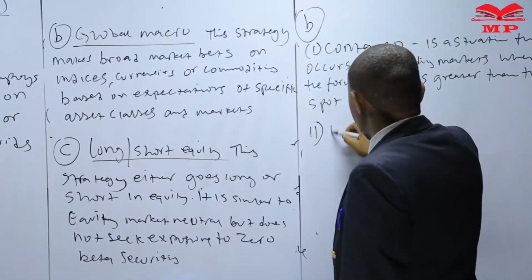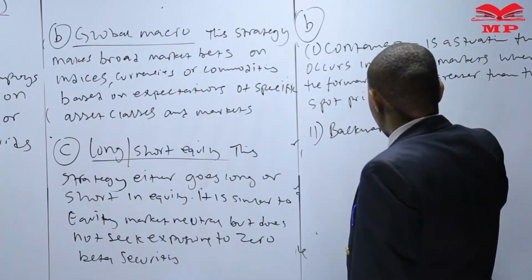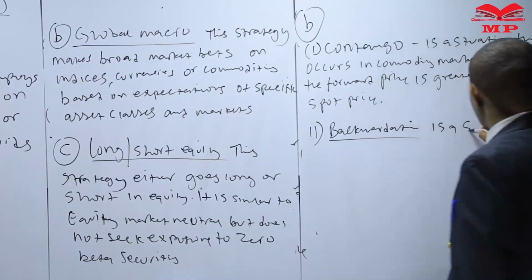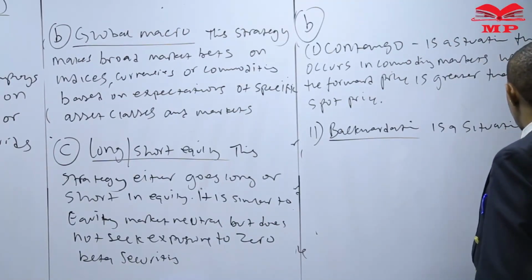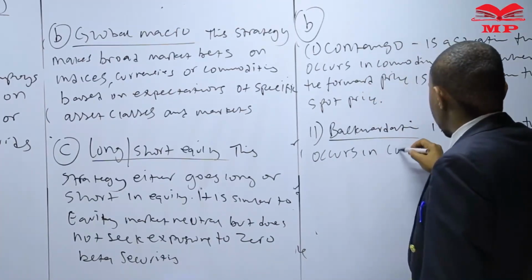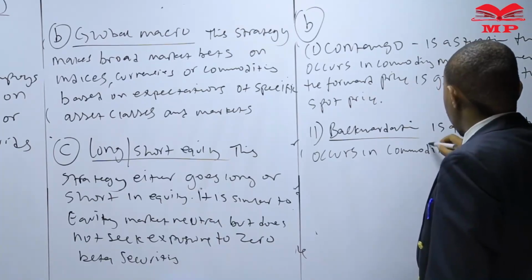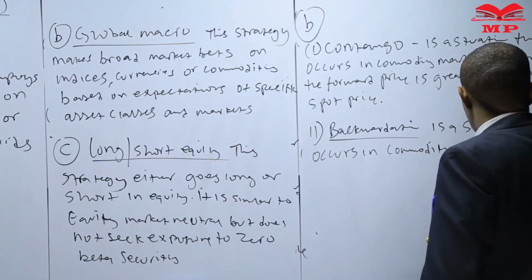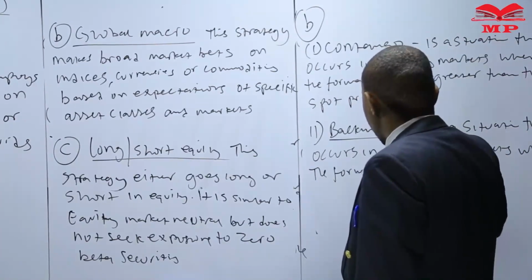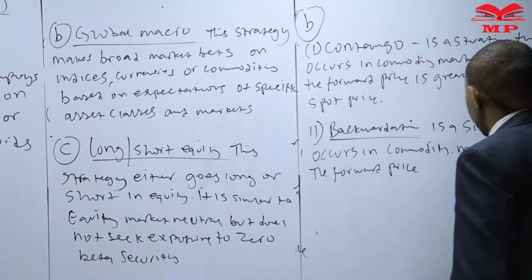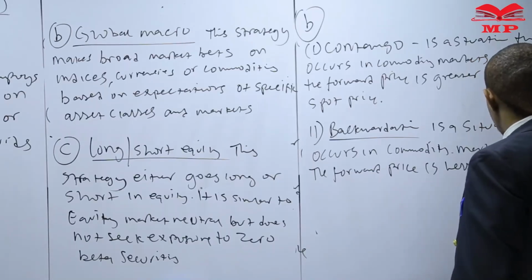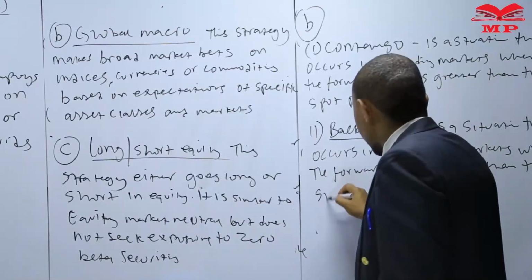So number 2, backwardation is a situation that occurs in commodity markets where the forward price is less than the spot price.